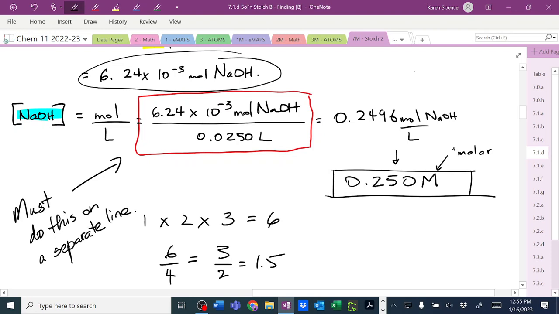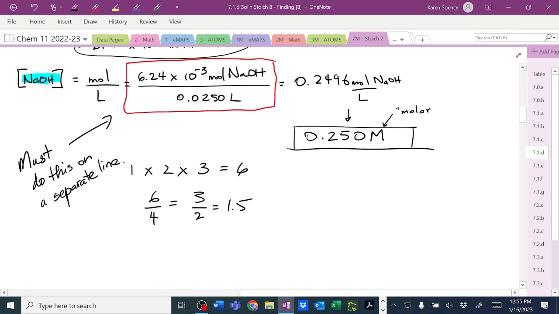Or, what if you want to do it all in one line? I'll show you what we do if we want to do it all in one line. We want to find the concentration of NaOH, which is equal to the moles over the liters.